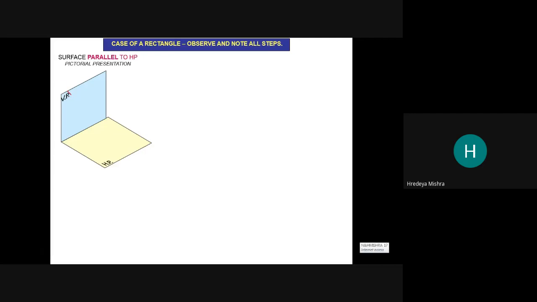This is the vertical plane and this is the horizontal plane. A reference plane means a rectangle which is parallel to the horizontal plane and perpendicular to the vertical plane. So how its projection is drawn, means how we get the top view and front view for that.